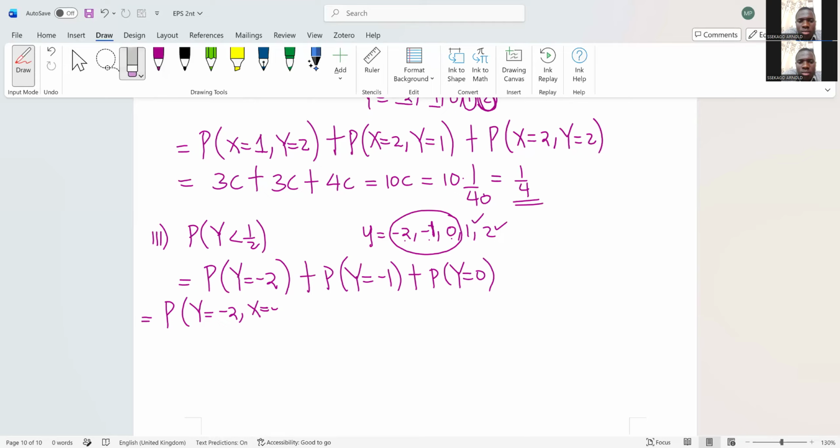Anyway, I think I should use this table because this is quite obvious. But before I use the table, let me first explain. X was -2, -1, 0, 1, 2. Now, if Y is -2, Y is fixed.